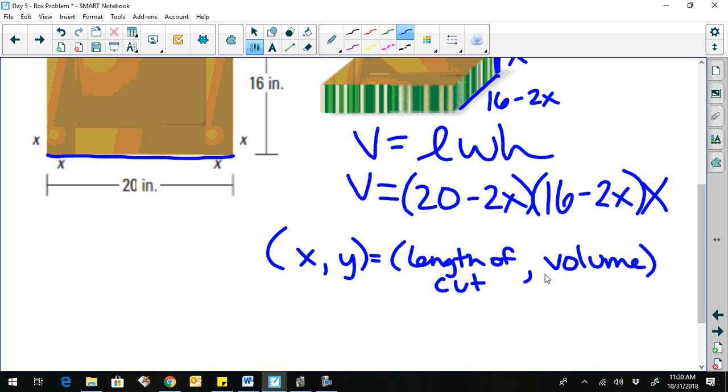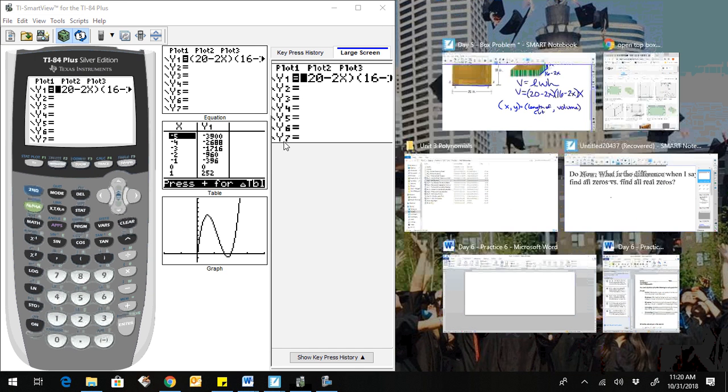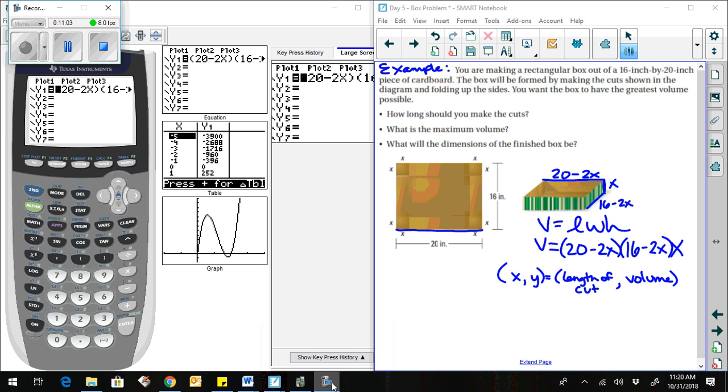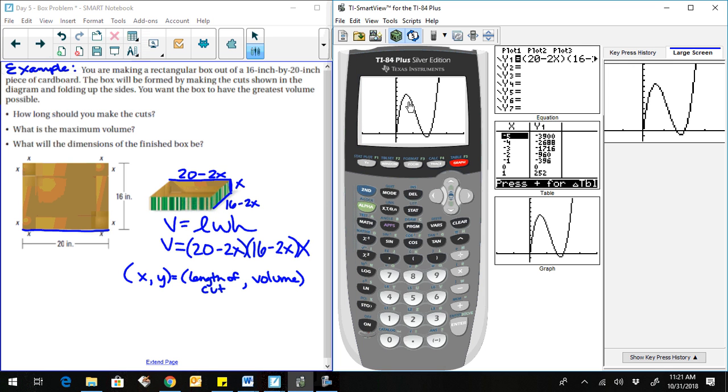So perhaps we want to find an ordered pair. Okay, so let's think on our graph what ordered pair we want. Now, if I look at my graph, I'm trying to maximize the volume.